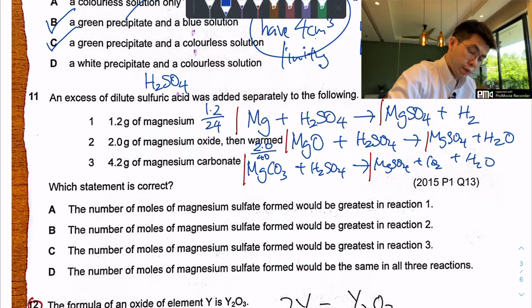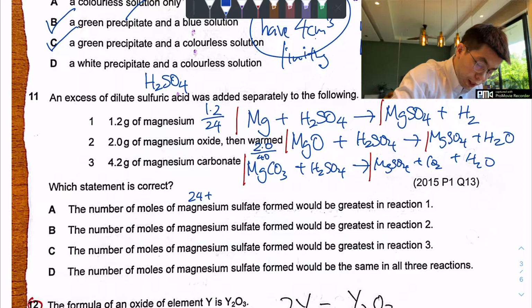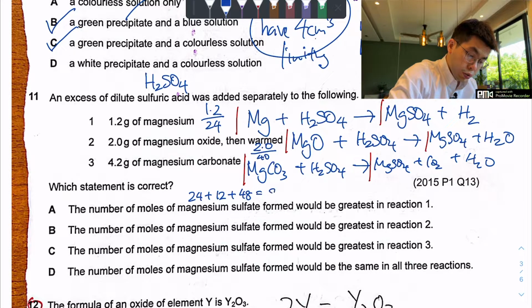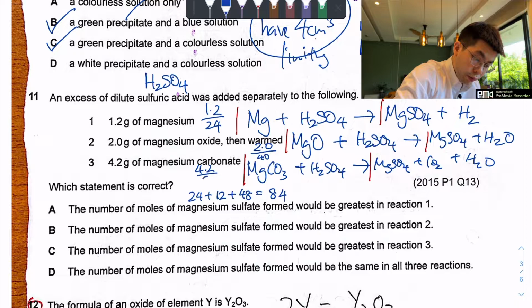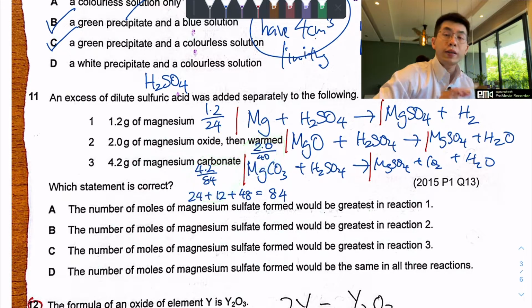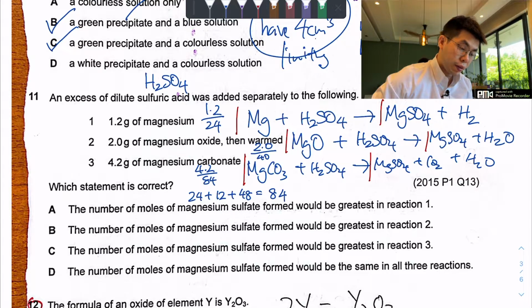What about magnesium carbonate? Magnesium carbonate is 24 plus 12 plus 48, which is 16 times 3. That will be equal to 84. And then that will be 4.2 divided by 84. So I think you should be able to see that 1.2 divided by 24, 2.0 divided by 40, and 4.2 divided by 84 are all the same number.